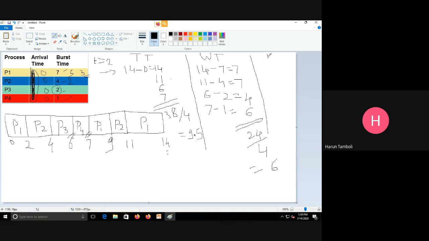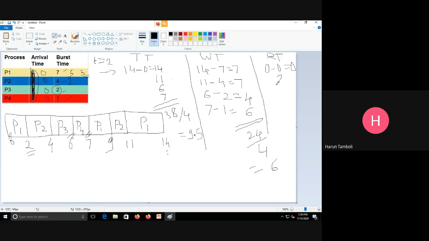Now you can calculate the response time. Response time is the first time allocation of the processor to the process. For P1, it is allocated at the 0 second. So 0 minus arrival time, which is 0 by default, so response time is 0 for P1. For P2, it is first allocated at 2 seconds.